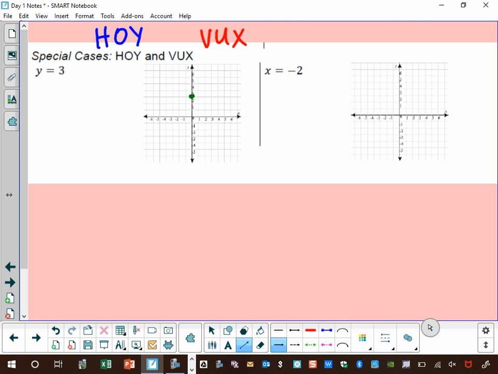This is where it gets confusing. You guys have to recognize, because it's y equals, I put my 3 on the y-axis, and my line is going to be horizontal. That's why we love to use HOI, so it can remind you. A lot of you guys like to draw vertical lines.